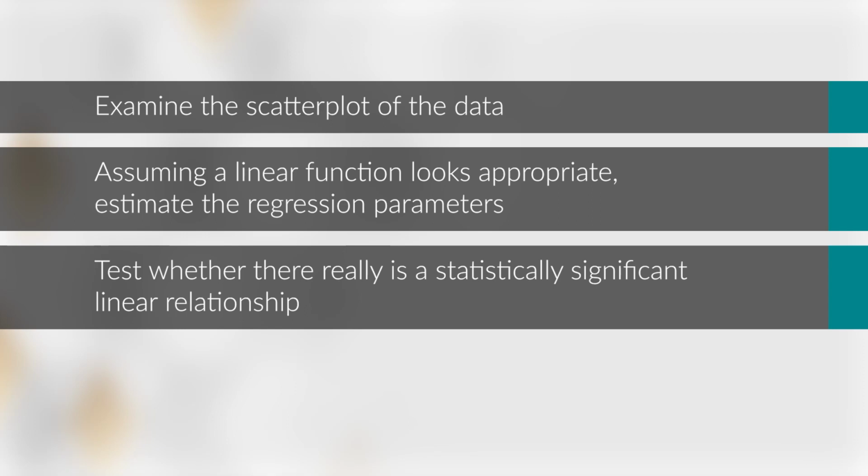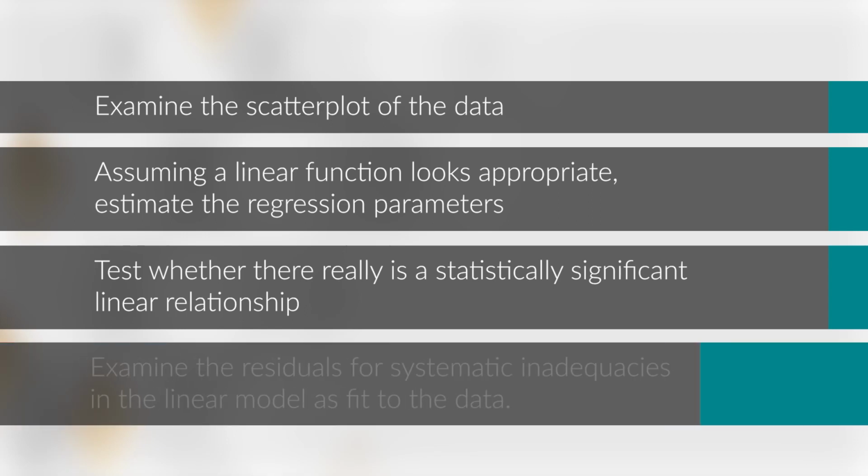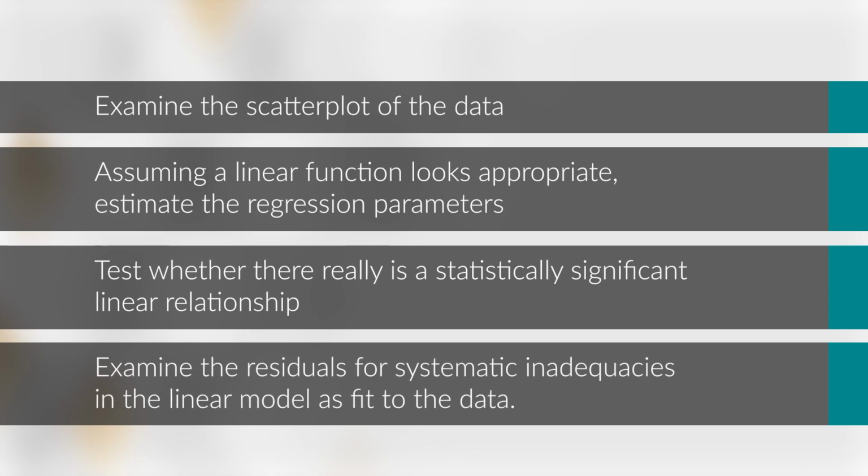And finally, we also take care of systematic inadequacy. That means the relationship is not the best fit in a linear framework, but is there any scope to explore the nonlinear framework, or whether the specific data points follow any kind of relationship. So these are the steps involved in any regression analysis.